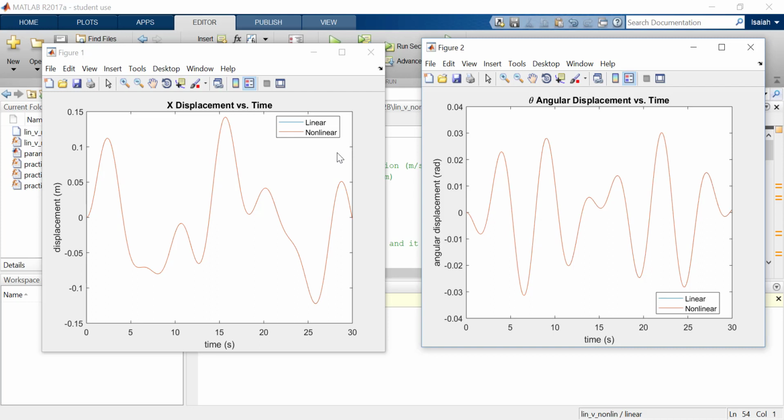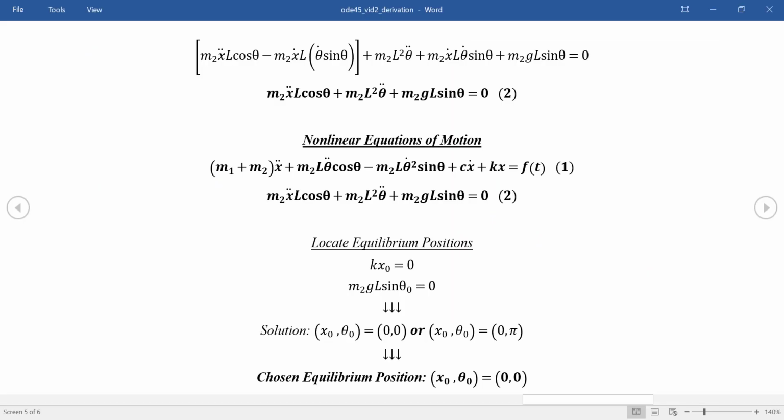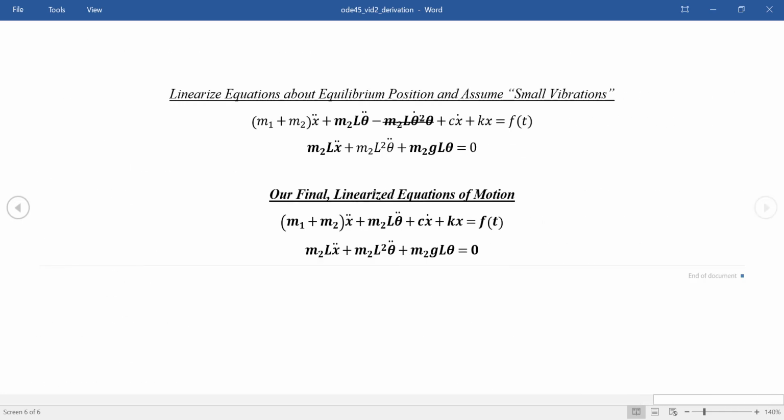Now what does that mean in this case? That means that the nonlinear solution has completely overlaid the linear solution. Which means the nonlinear solution is pretty much the exact same as the linear solution. And that might seem crazy, but it makes sense. We made assumptions that we wanted to be safe assumptions.